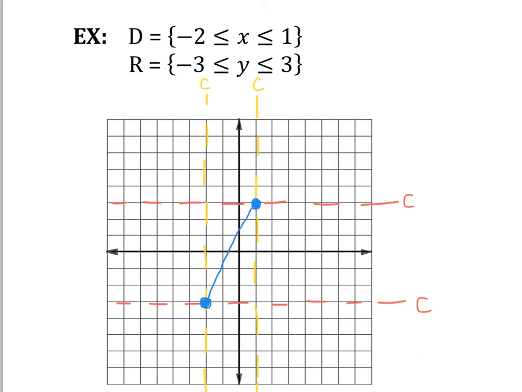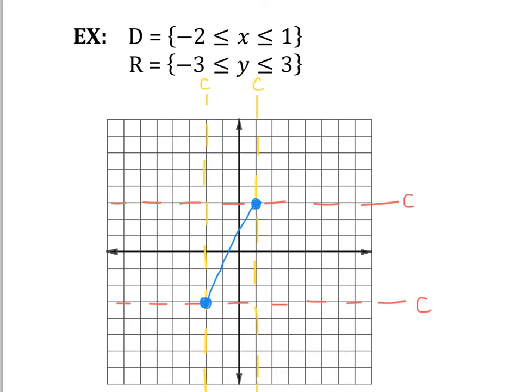And there, my requirement is met. My domain goes from -2 to +1, and my range goes from -3 to +3. Now, this isn't very creative, so do you want to see if you can be a little bit more creative that still matches the domain and range?